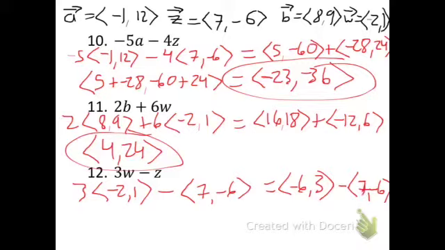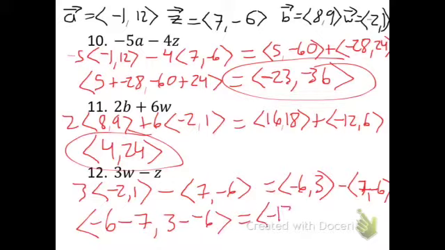Just take your components and do negative 6 minus the 7. And 3 minus that negative 6. So don't forget the little subtraction in the middle. And when you do that, negative 6 minus 7 is negative 13. 3 minus negative 6 is 9. And that's the answer for that one. We're going to stop there.